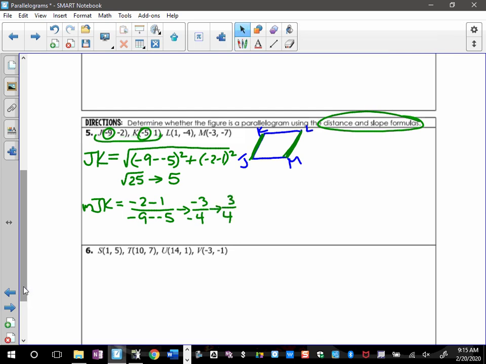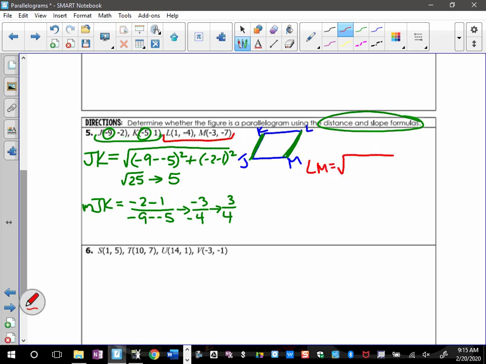I need to check LM. Length of LM is 1 minus negative 3 squared, negative 4 minus negative 7 squared. That will give me, let's see, hopefully I'm not taking things wrong.